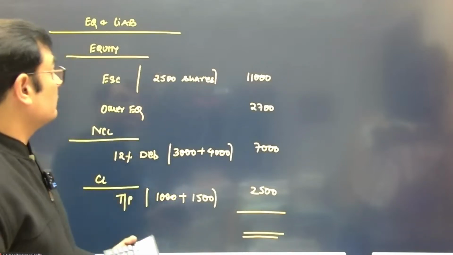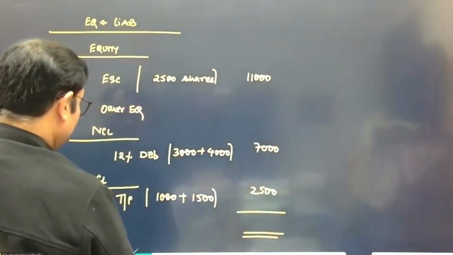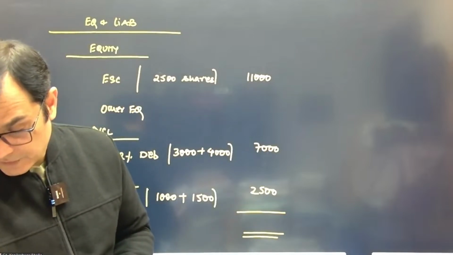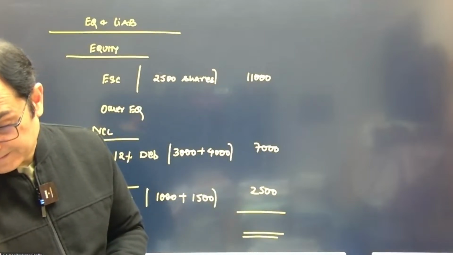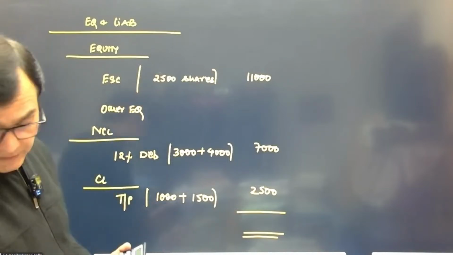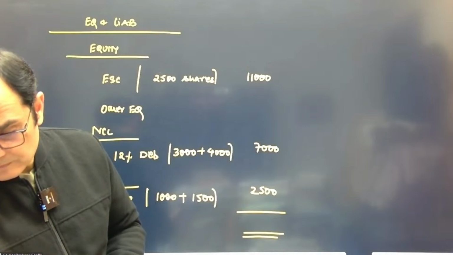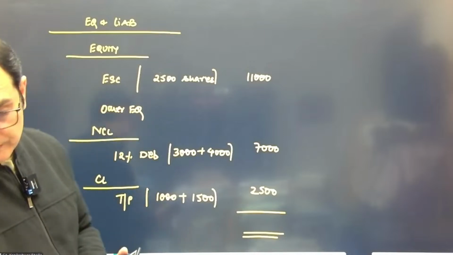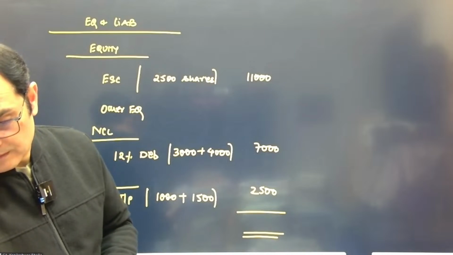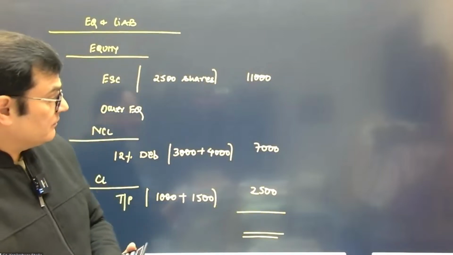Oh, I didn't take the sum total of the equity of both the companies. Sorry, missed that out. As far as my reserves are concerned, this is appearing to the extent of 2,500 shares, and this is correct.